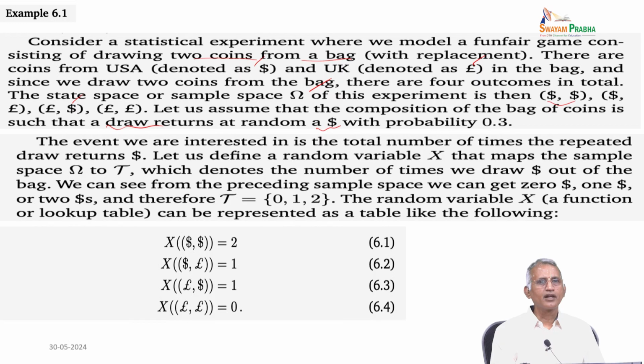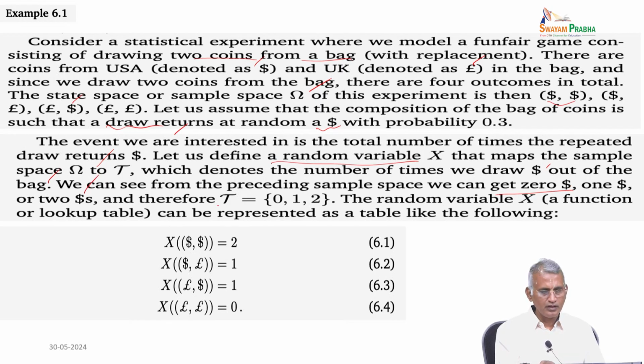Now, we are interested in the total number of times the repeated draw returns a dollar. Let us define a random variable X that maps the sample space omega to T, which denotes the number of times we draw a dollar out of the bag. From the preceding sample space we can get 0 dollars, 1 dollar and 2 dollars.